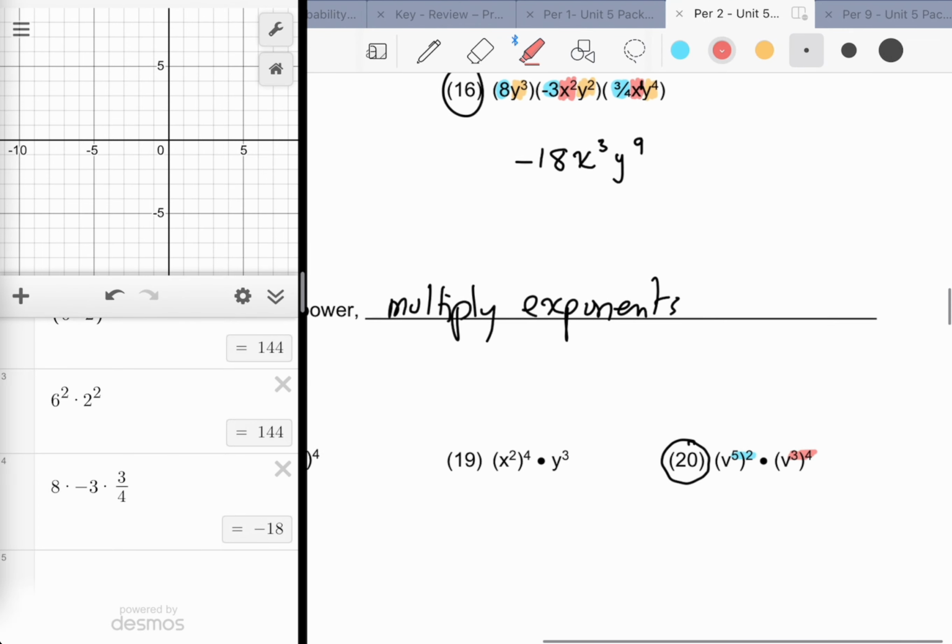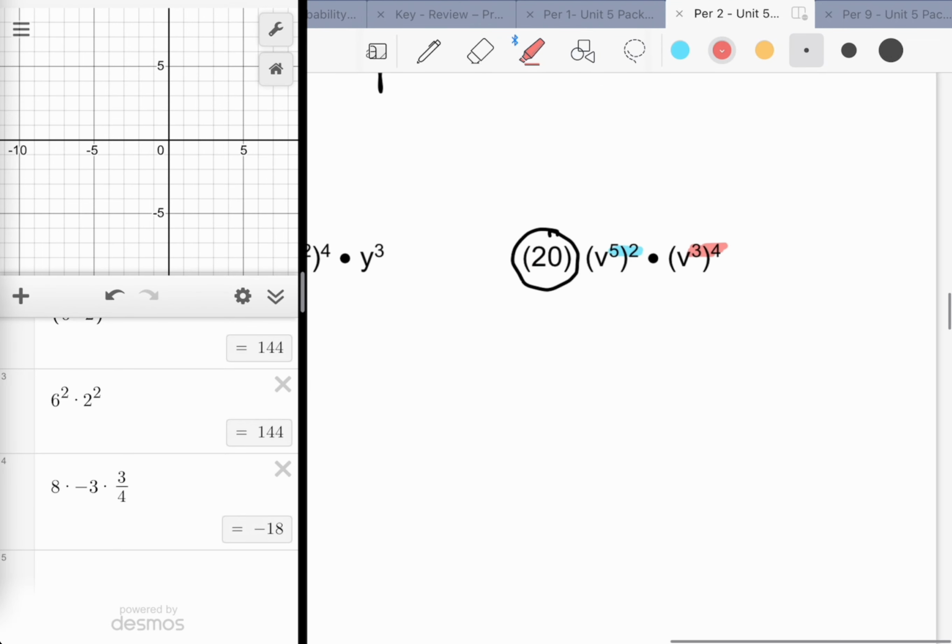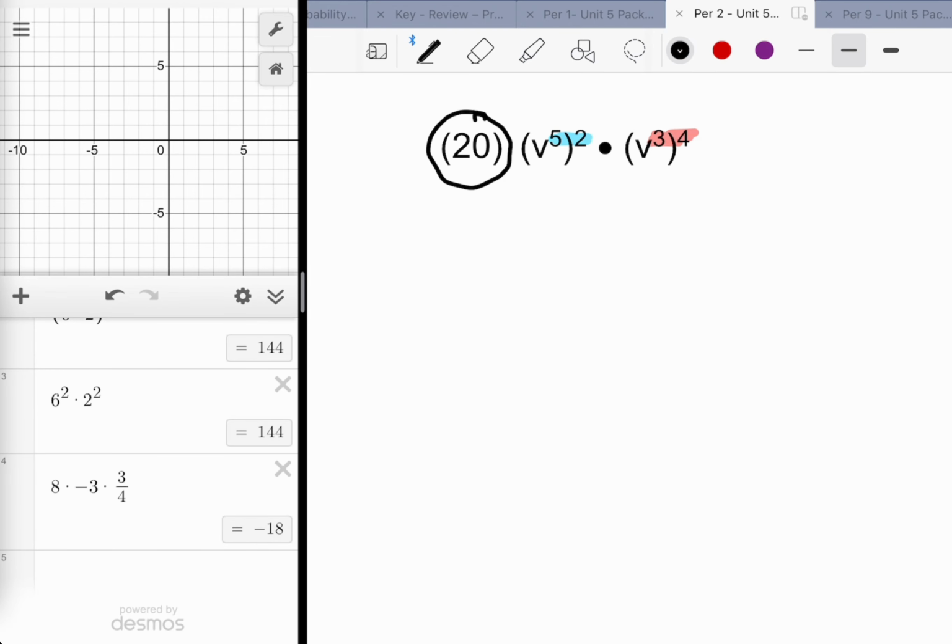The first step is to take my 5 and multiply it by the 2, which will give me a 10, so v to the 10th. Three times 4 gives me a 12. Power to a power, you multiply the exponents. But now it's not power to a power anymore. We're multiplying exponential expressions. So now it's a keep the base, add the exponents.